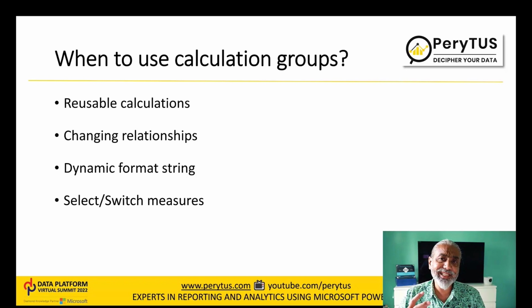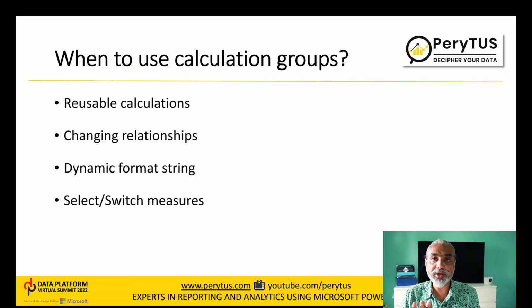And again, the selection and switching between measures. Basically, you are giving the power to the user. Let's say you have created sales by month or by year, and you want to give the user the opportunity to see the sales or the quantity or number of orders or whatever.